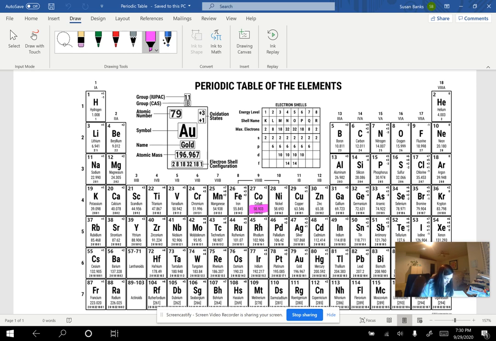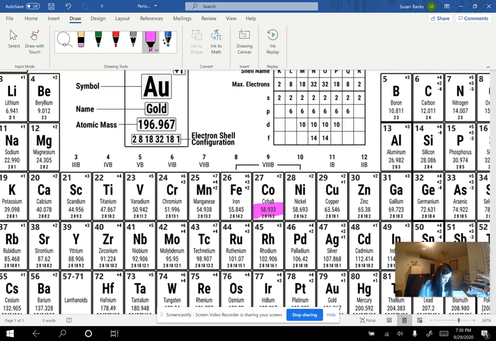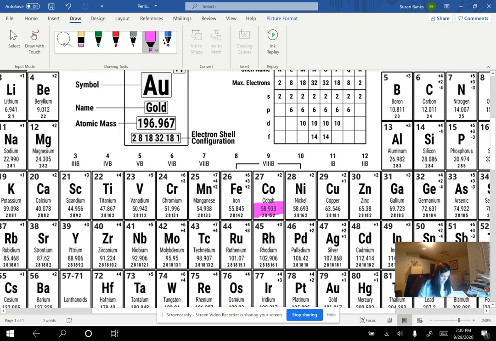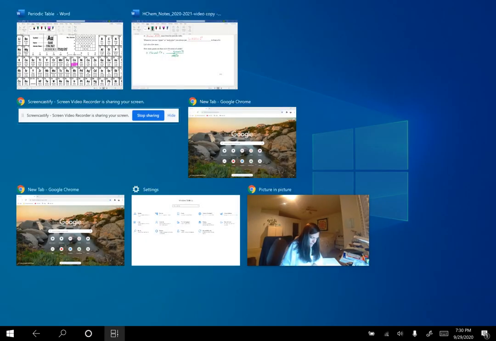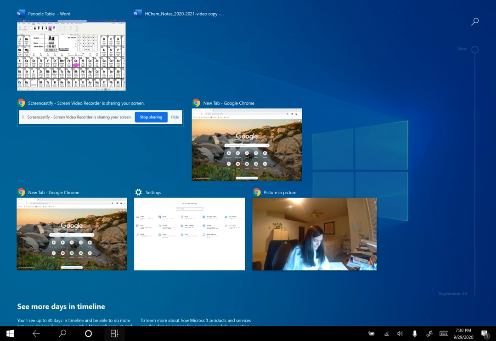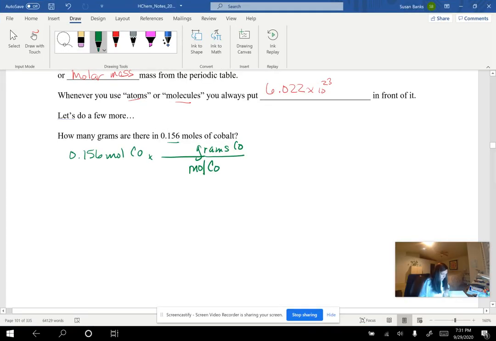Cobalt has a mass of 58.93 grams per mole. Okay, so we're going to use 58.93. So let's go back here. So 58.93 grams of cobalt will give me 1 mole of cobalt.